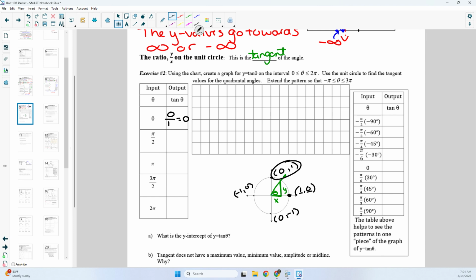But then when I come up here to pi over 2, I get 1 divided by 0, the thing we're not supposed to do. So that's undefined. At pi, I get 0 over -1, that's another 0. And then here, I'm back to -1 over 0, which is also undefined. 2 pi, back to 0 over 1, which is 0.